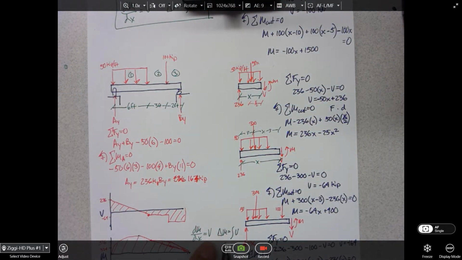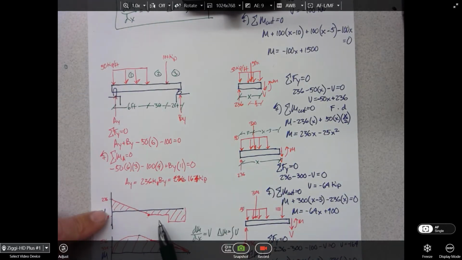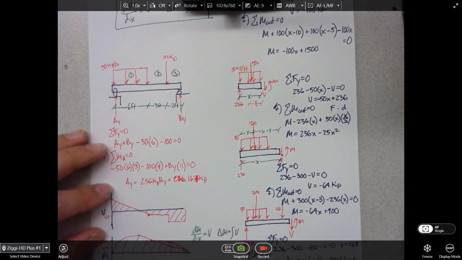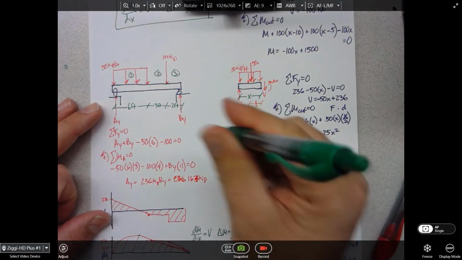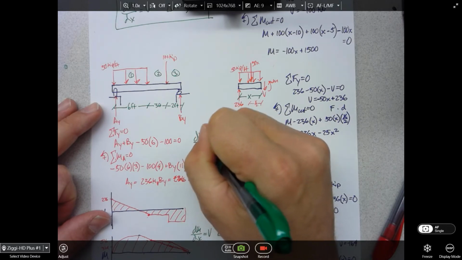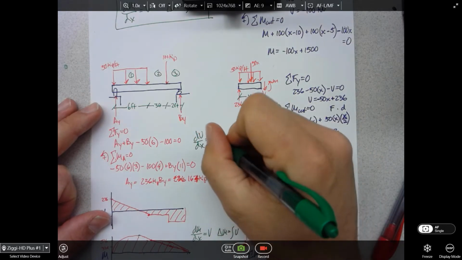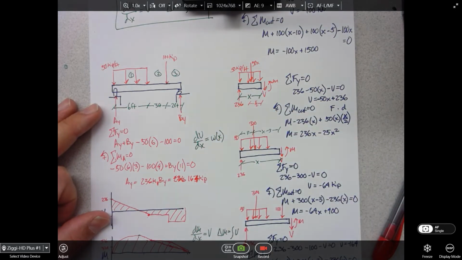Now, there are two similar equations for how we relate the loading diagram to the shear diagram. The slope of the shear diagram, dV/dx, is equal to the magnitude of the load intensity, which we call w(x).